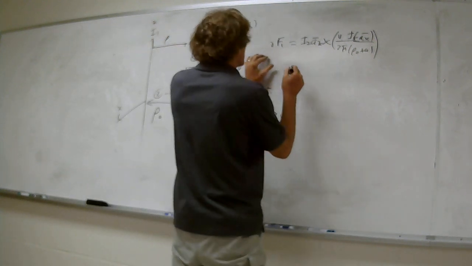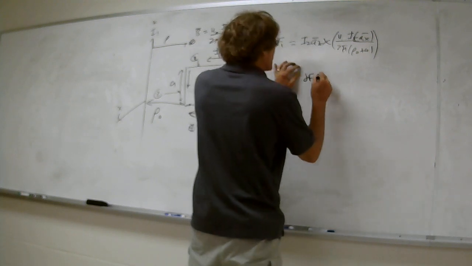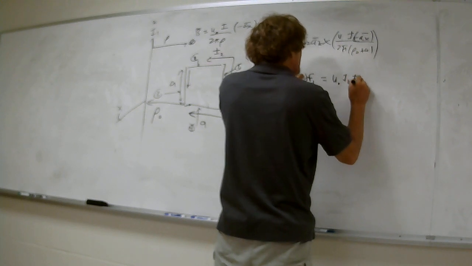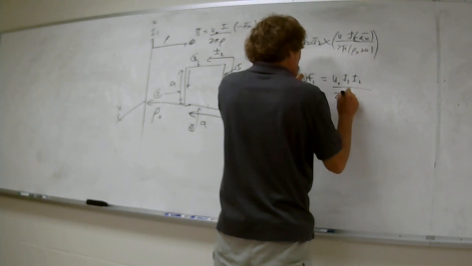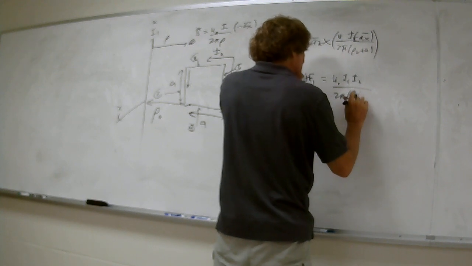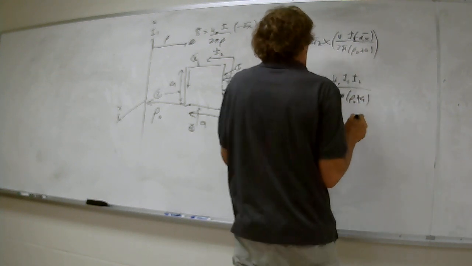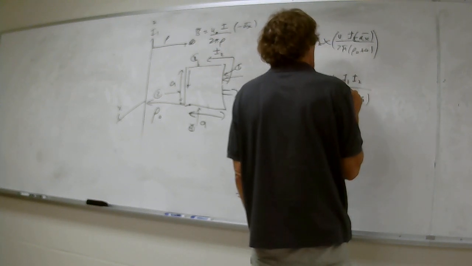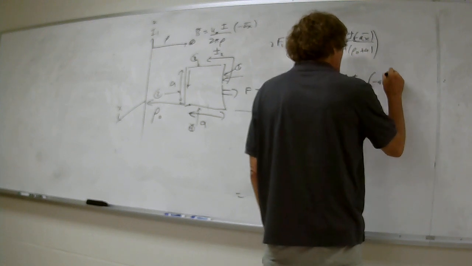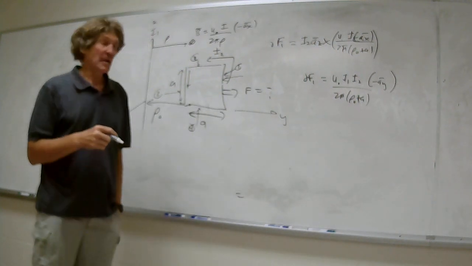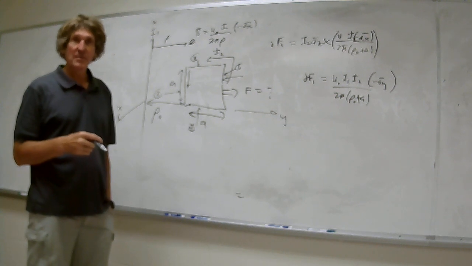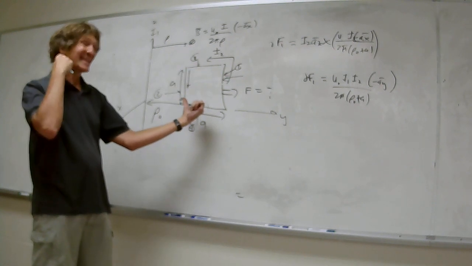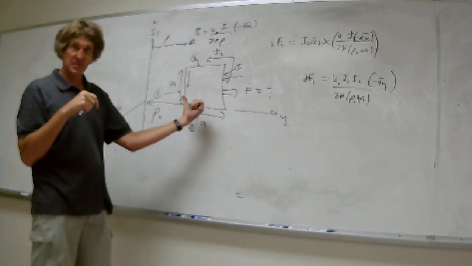At the end of the day, what do you get? I get the differential force on member 1 is going to be equal to simply mu 0 I1 I2 over 2 pi rho 0 plus A. And then it's going to be AZ crossed into AX as AY with a minus sign, minus AY. Y'all follow me? And that would be the differential force. The total force, if that's the differential force on this, pulling this way, the total force would be that times the length, right? Because it's constant.